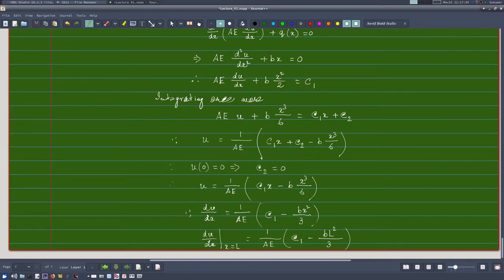And therefore AE into du dx at x equal to L will be how much? Let me write it here itself.